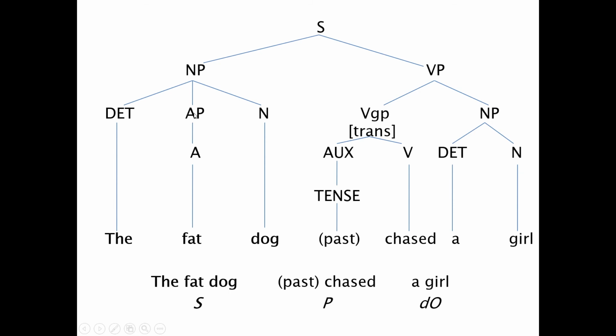For the verb phrase, there is no need to say verb group, transitive, intransitive. These are not important in this lesson. So verb phrase, you have to say verb. And then once again, we have noun phrase, determiner, and noun, that is girl. Okay, dear students, and now we move to the next slide.